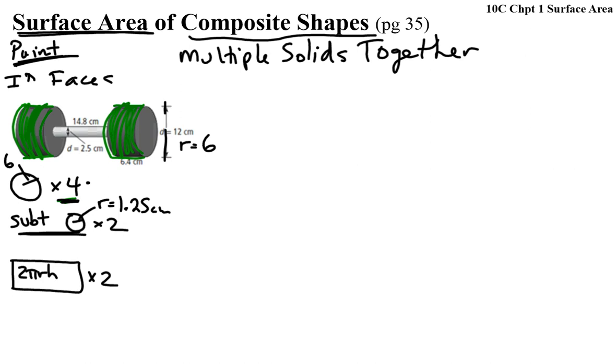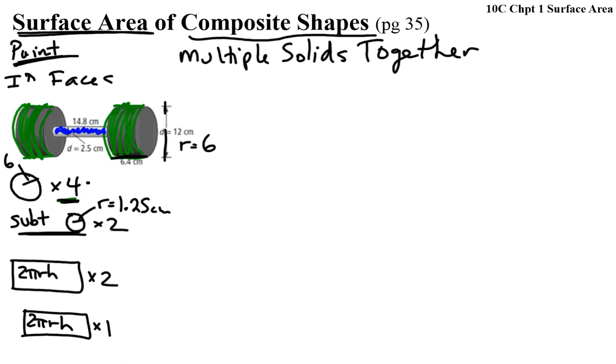And the last piece would be this interior cylinder. I would have to paint that rectangular face again, so it would be another 2 pi rh, but only one of them.